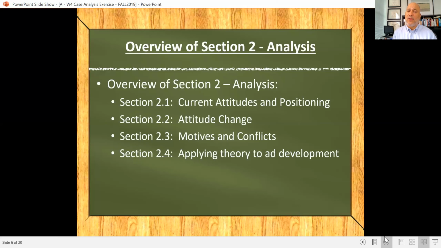And in section 3, you'll talk about motives and motivational conflicts that apply. And then in section 4, you'll use the attitude change techniques you mentioned in section 2 and the motivational conflict points you mentioned in section 3 to design an ad. And you'll also explain that ad and how it incorporates what you mentioned in section 2 and 3 of the analysis.